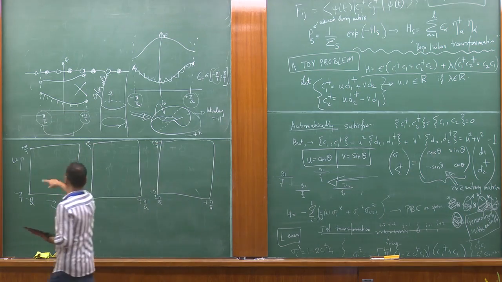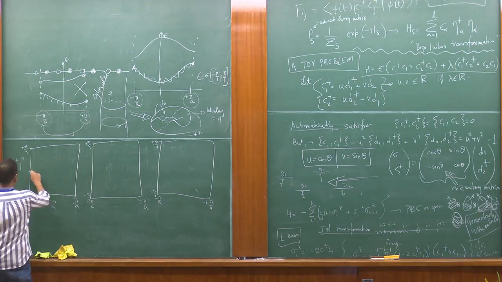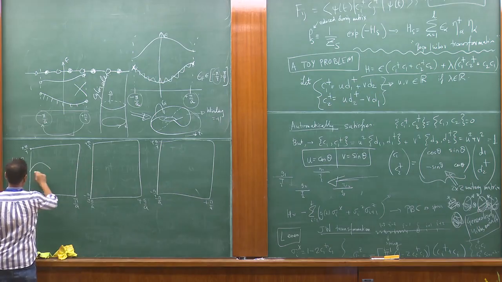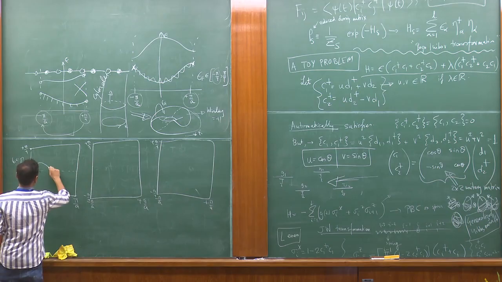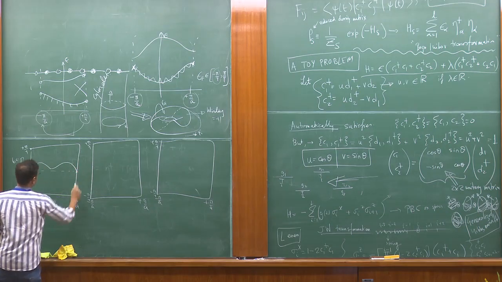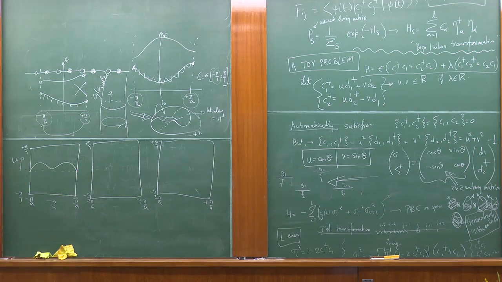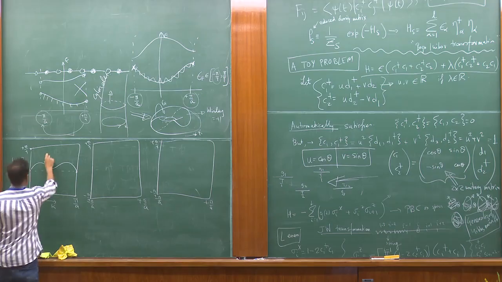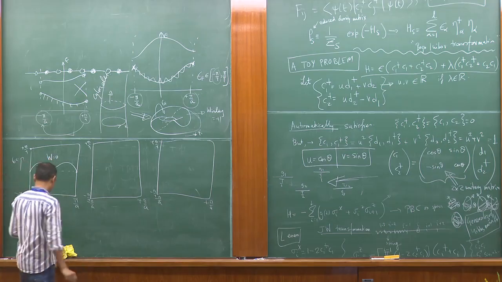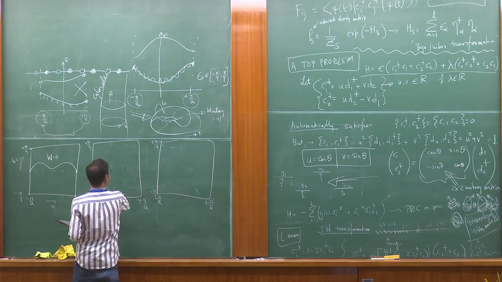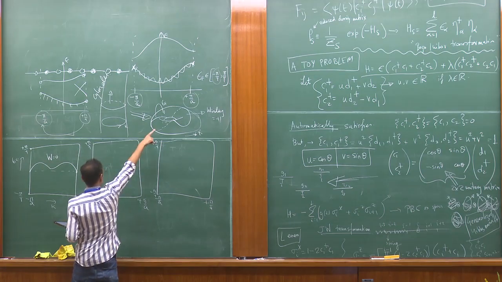Okay, so let's draw a Floquet band like that. Let me be careful. So maybe something like this. This Floquet band has 0 winding. So this has W equal to 0. Let me draw another Floquet band for you. This is essentially what I drew there.